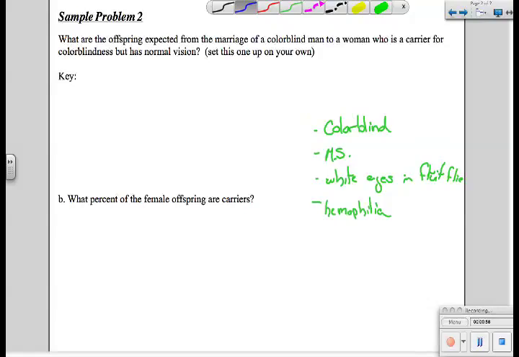These are the four big examples of sex-linked traits that we'll talk about throughout the genetics unit. These are classic examples.